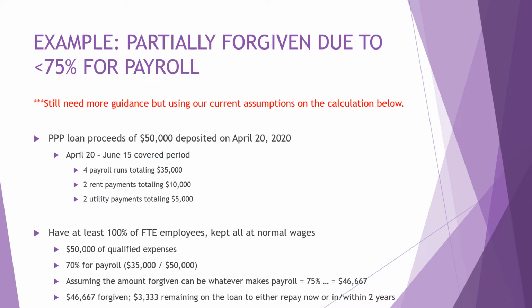So we're going to assume that $46,667 can be forgiven. It had to be reduced since not at least 75% was used for payroll. And then we'll assume that the remaining $3,333 would be left as a loan that we either repay now or within the 2-year loan period.